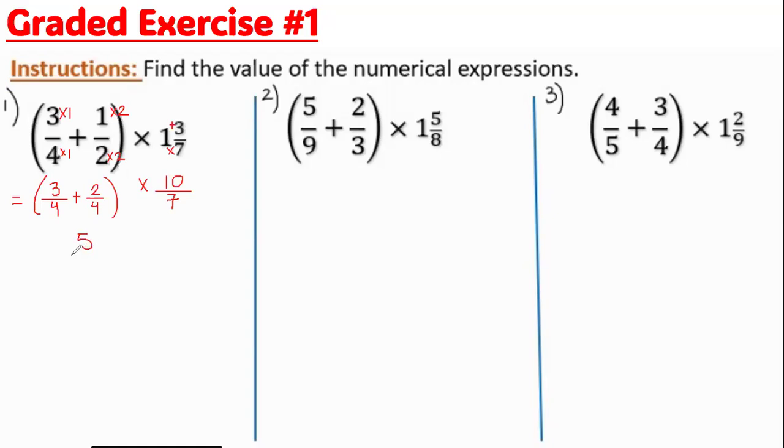It's going to be 5 over 4 multiplied by what? 10 over 7.